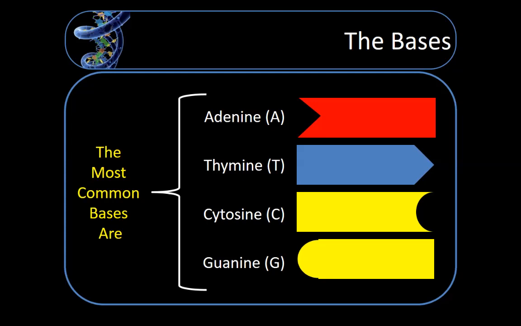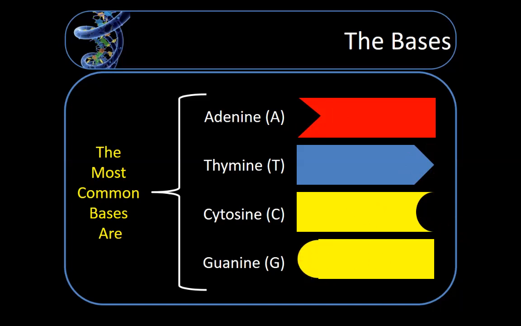Take a look at the shape for adenine. Adenine has a little triangle cut in here, and thymine has the opposite shape triangle section, so thymine is going to match up with adenine. Cytosine has a little curved-in section, and guanine has a curved-out section, so obviously cytosine binds with guanine.